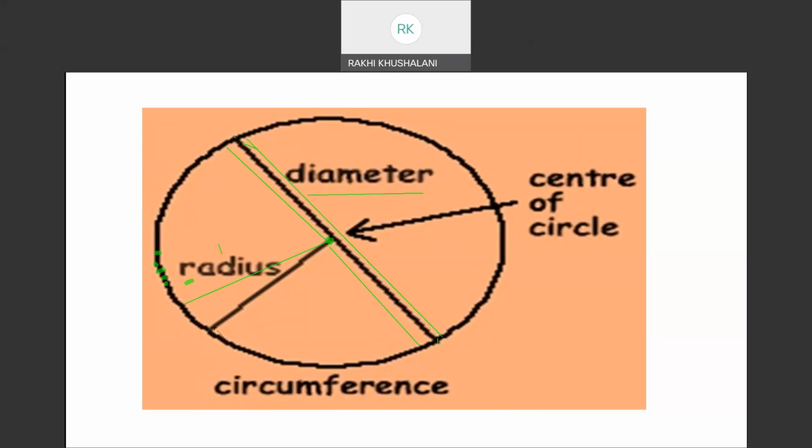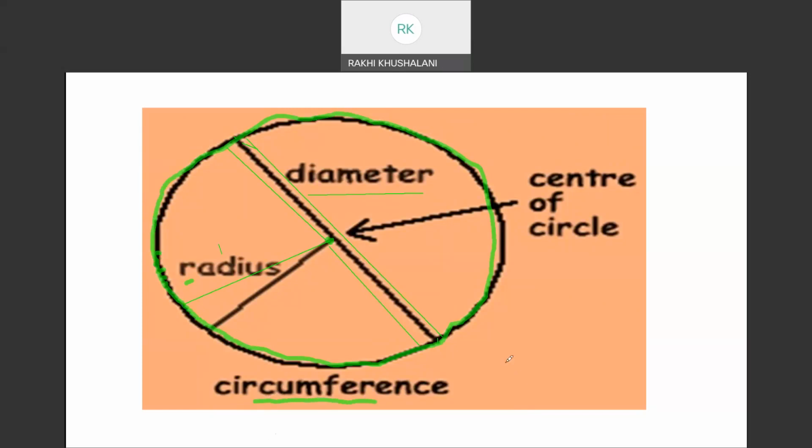Now this whole round that we take, this whole curve that we are going along at an equal distance from the center of the circle, is called the circumference of the circle.